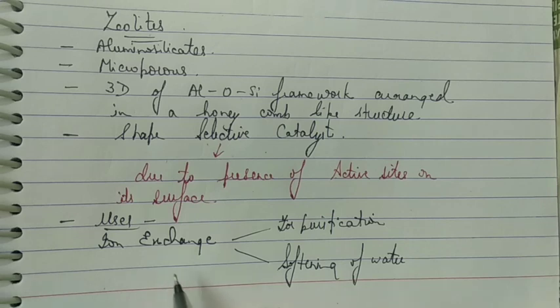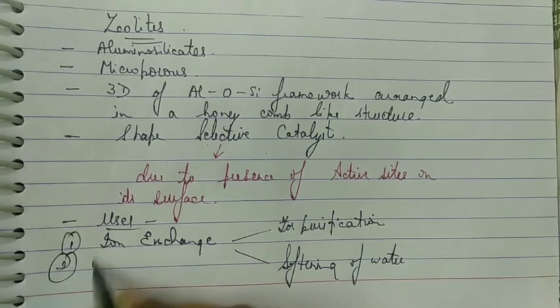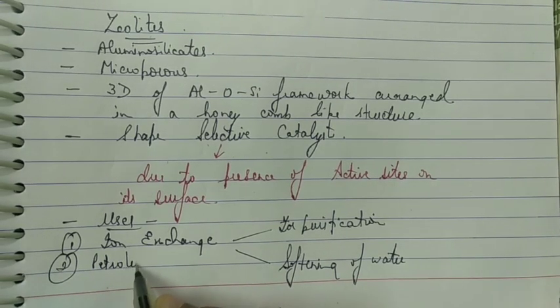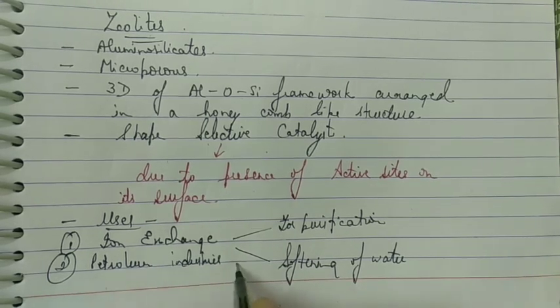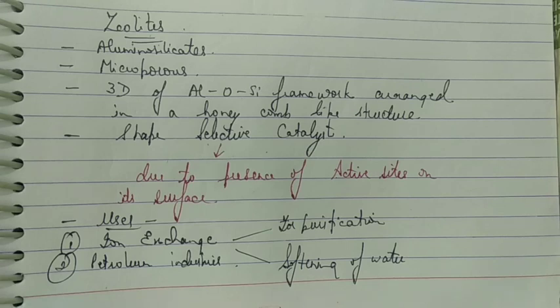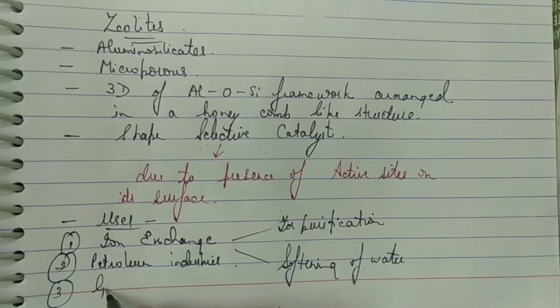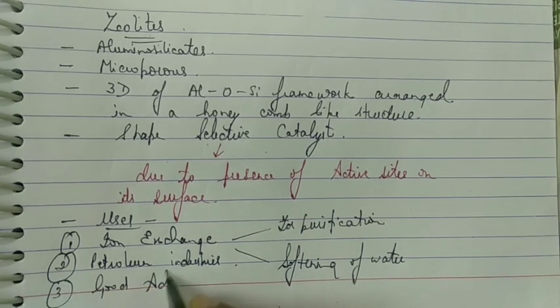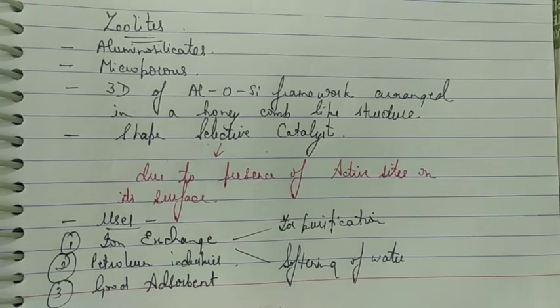The zeolite is also used in petroleum industries for the process of cracking of hydrocarbons. And it is also a very good adsorbent. So these are the uses of zeolite.